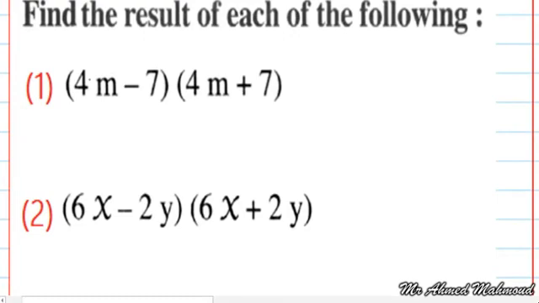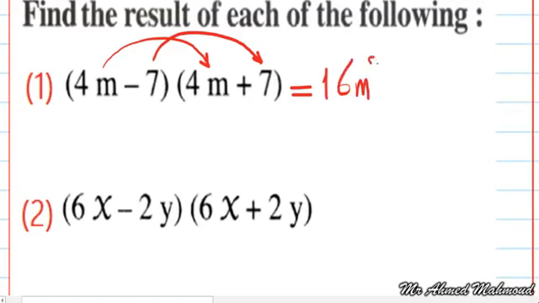Then I'm going to multiply first by first, second by second, only. 4 times 4 is 16, m to the power of 2, negative 7 times positive 7 equals negative 49, and there isn't a middle term.